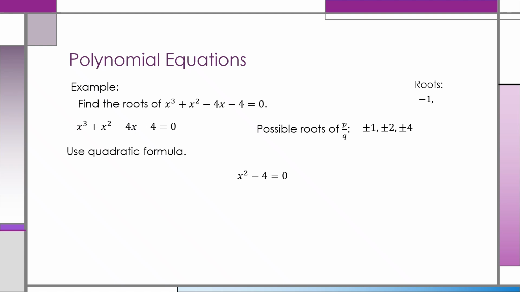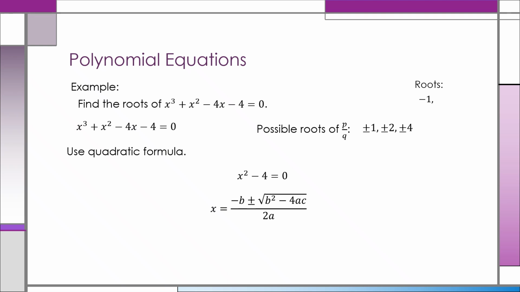Our next step is to use the quadratic formula. And our quadratic formula, if you go back to grade 9 mathematics, is x is equal to negative b plus or minus square root of b squared minus 4ac over 2a. Now, to find the other roots, simply use this quadratic formula.